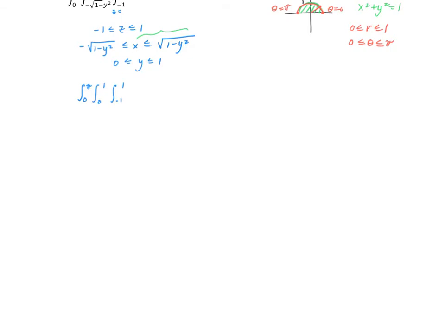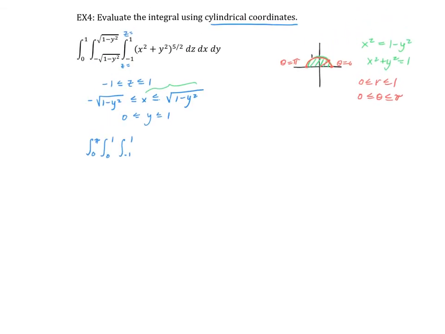Well, the x squared plus y squared is just r squared. So this becomes r squared to the 5/2. And then I have a dz. However, remember I'm going into polar, so I have an r dr d theta.